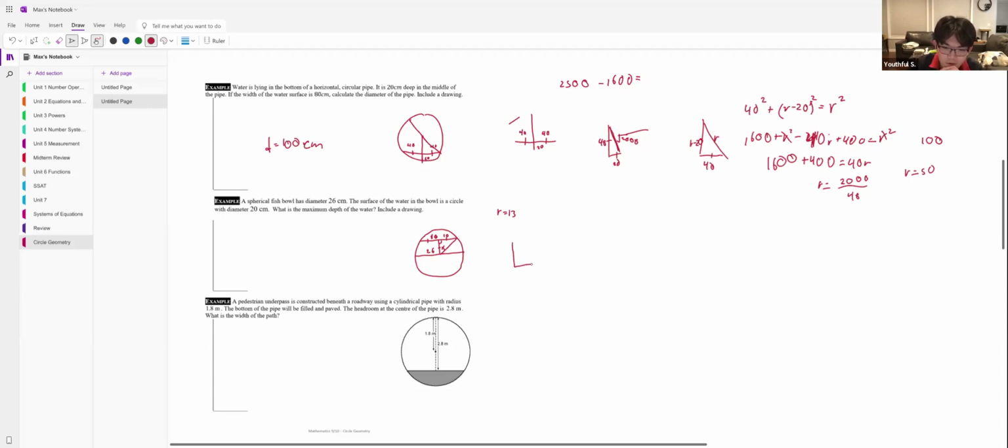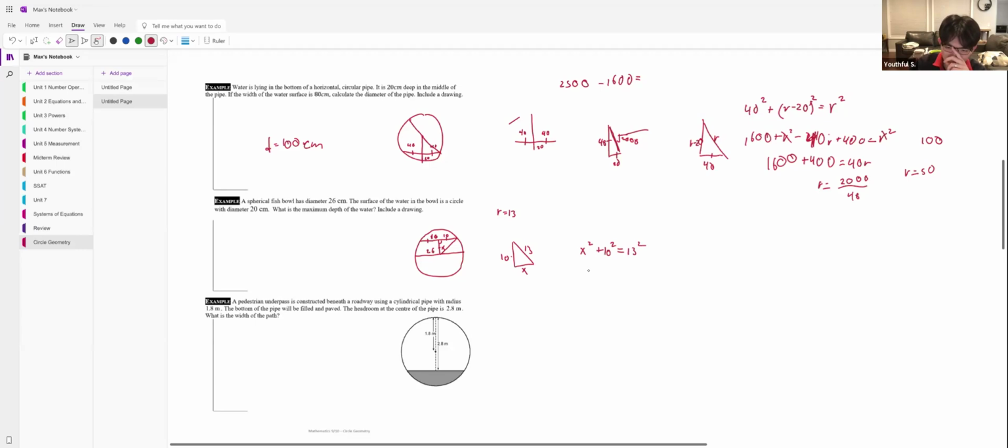So we have this triangle here, which has the hypotenuse as the radius, so 13. We have one of the lengths as 10 here, and then we have x, all right? So then x squared plus 10 squared is going to give us 13 squared.